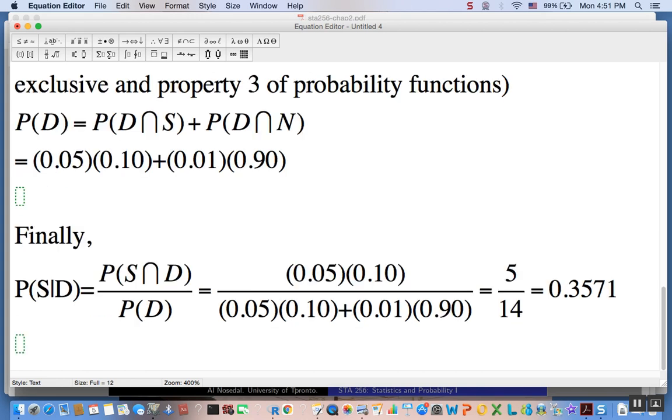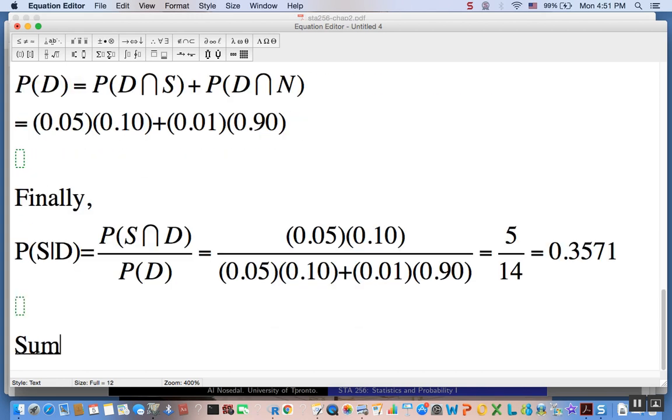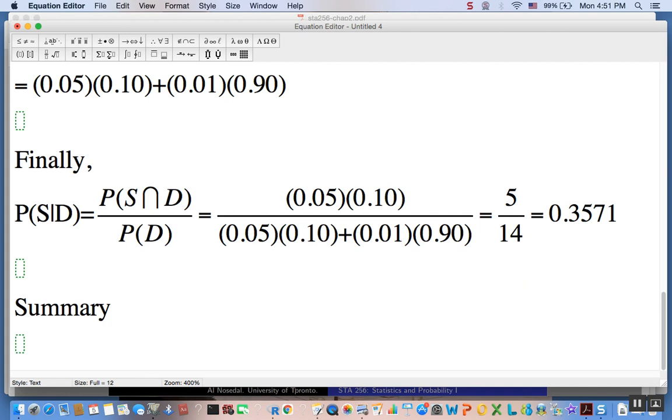Okay. Problem solved. Summary of what we just did. We discussed something very important here, Bayes' rule.